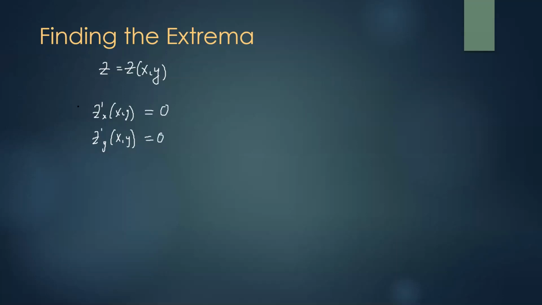In principle, you will have a system of equations. We say, okay, I want a point where the first order partial derivative with respect to x is 0 and the partial derivative with respect to y is also 0, because I want this horizontal tangent plane so that the first two coordinates of the normal vector are zeros, right?